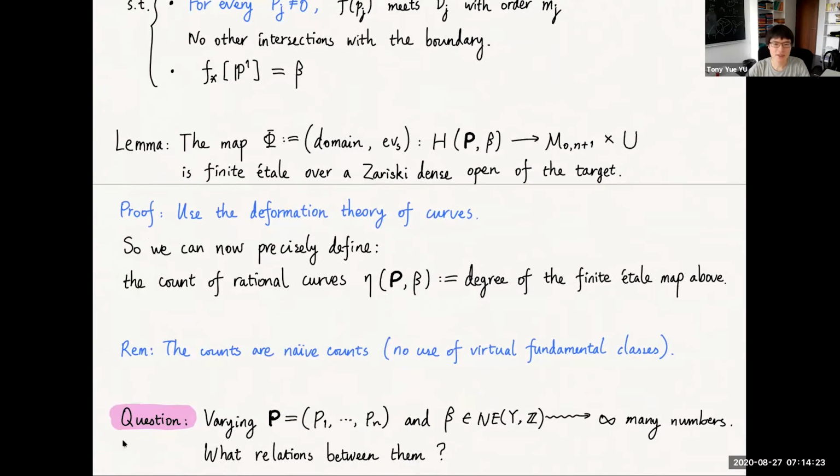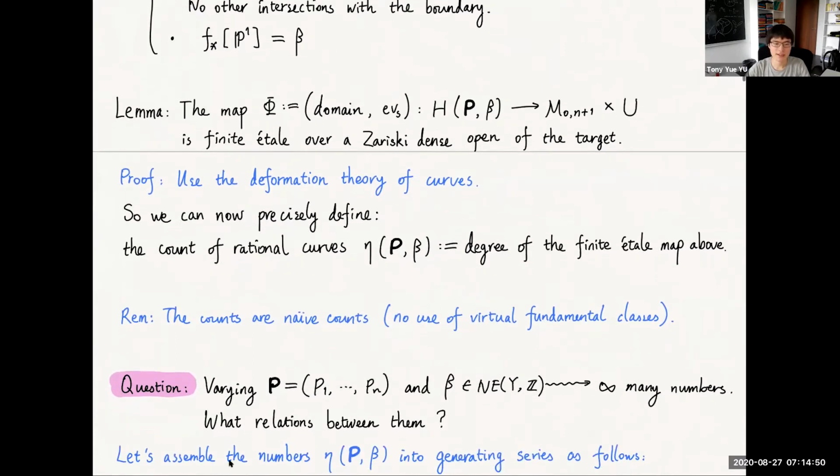And we see that our count eta_p,beta depends on the choice of the tuple of points p and also beta. If we vary these choices, we get infinitely many numbers. So it's natural to ask what the relations are between all these numbers. And for this, let's assemble the numbers into generating series as follows.